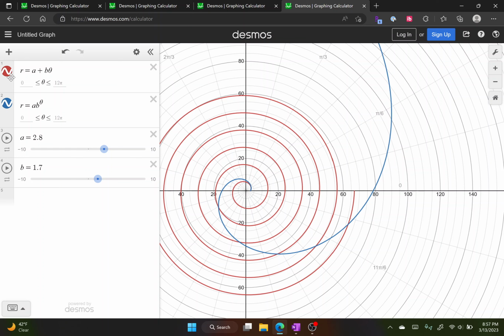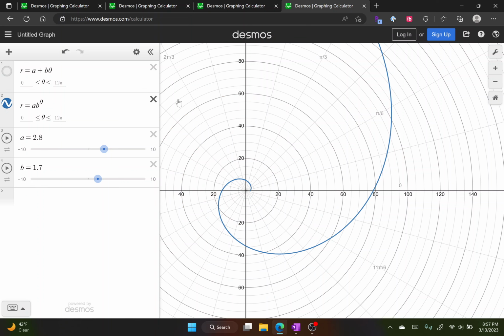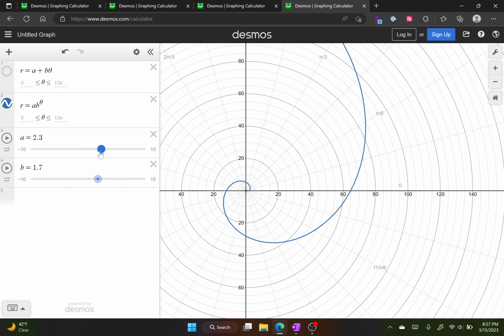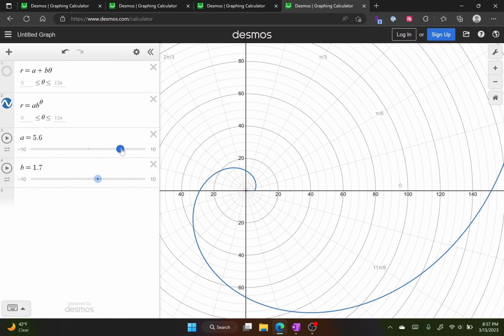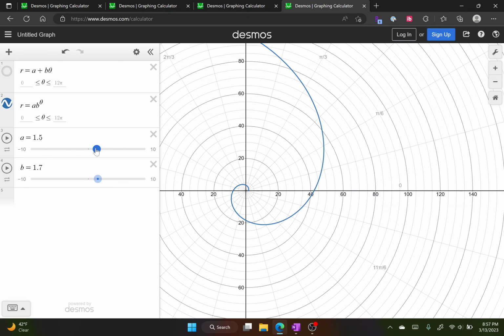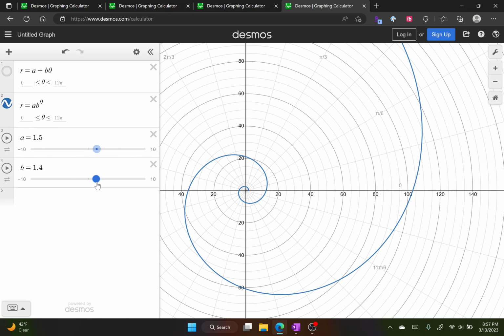And that matches up with its equation looking exponential, because that's that distance between them. a is going to change that starting point, just like with our Archimedes spirals, and then b is dealing with that distance in between each ring.